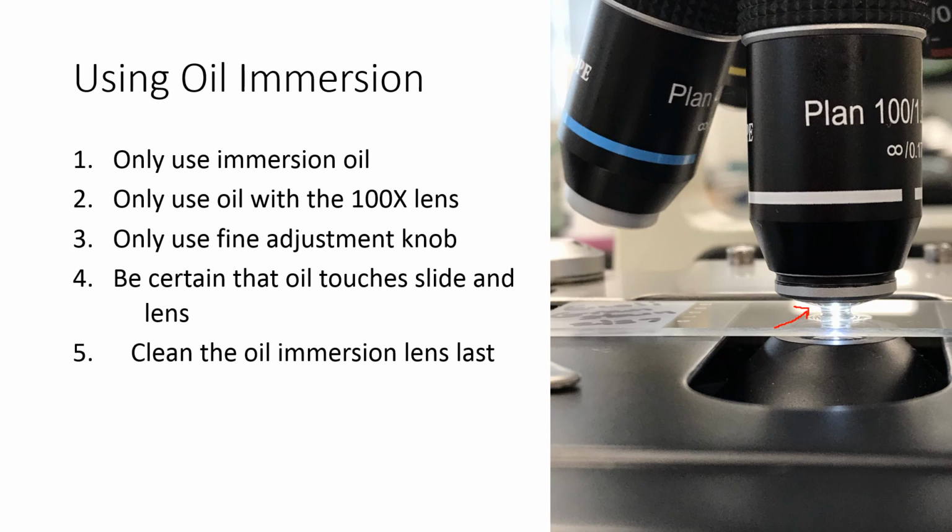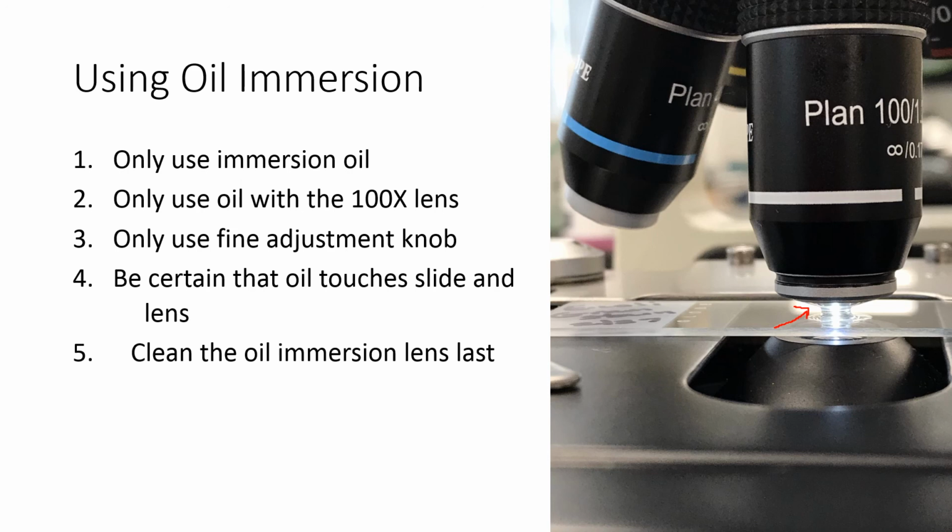Last one that I don't have on this slide is to make sure that your slide is actually face up. It has to do with the depth of focus, but very often, especially when we're first getting started, people will accidentally put their slides upside down on the microscope, and they can focus on their specimen using the low power objective and using the high power objective, but when they get to the oil immersion lens, they can't focus.